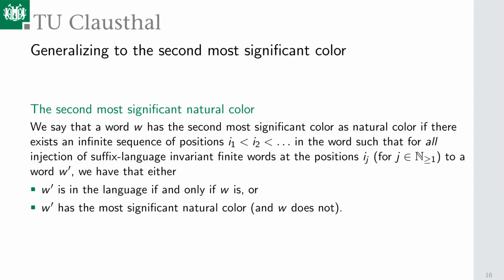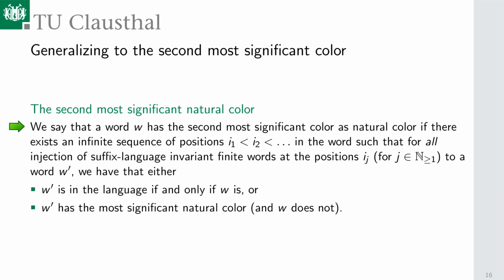In a parity automaton, the second most significant color is the one in which adding flower loops does not change whether a word is accepted or not, except if after the change the most significant color is taken infinitely often along a run. By an orthogonal composition of this idea with the previous definition, we obtain for the second most significant color the following definition.